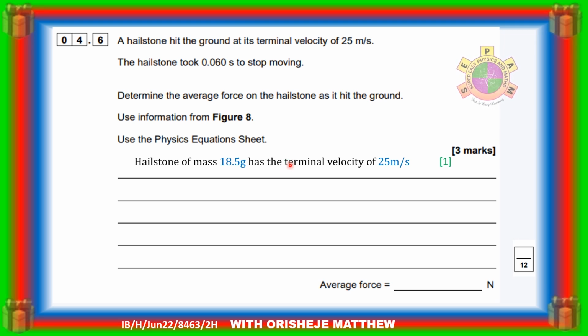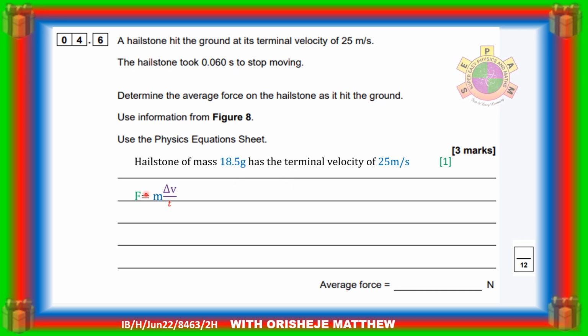The first thing we're going to do is to calculate the mass of the hailstone. We found from the graph that the mass of 18.5 has a terminal velocity of 25 meters per second. For being able to identify that from the graph, you have 1 mark out of the 3 marks. Then the next thing is the formula to determine the force of impact.